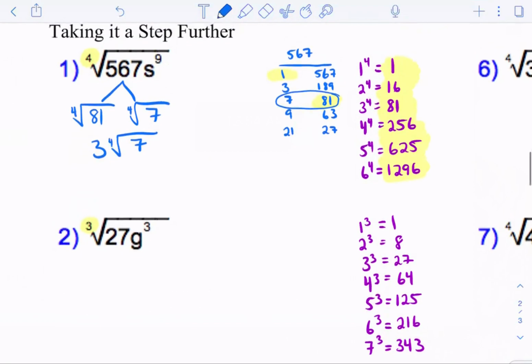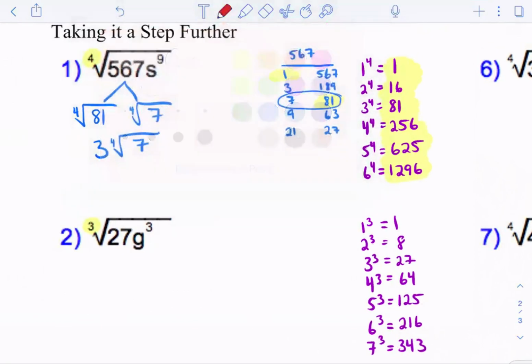Okay. Now when I look at the variable, this changes a little bit because I'm not looking anymore at perfect squares. I'm looking at perfect powers of 4 or groups of 4. So think about how many S's I have here. I have 9 S's. 1, 2, 3, 4, 5, 6, 7, 8, 9 S's.